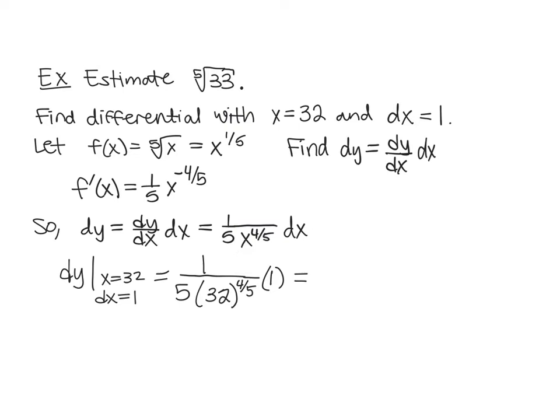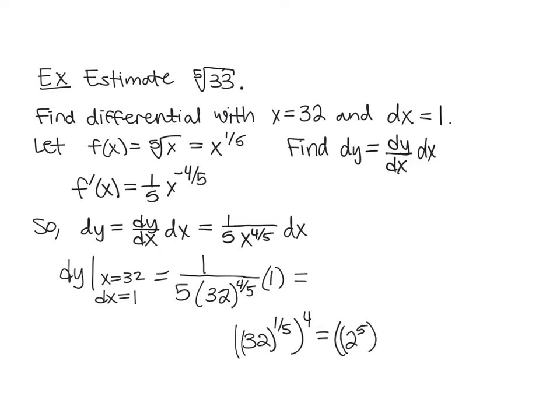So now this might look a little bit scary, but it's not too bad. Let's find the fifth root of 32. And then we'll raise that to the 4th power. So the exciting part is that you can write 32 as 2 to the 5th.